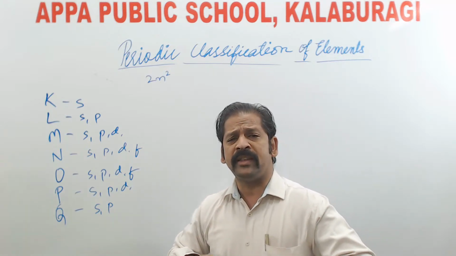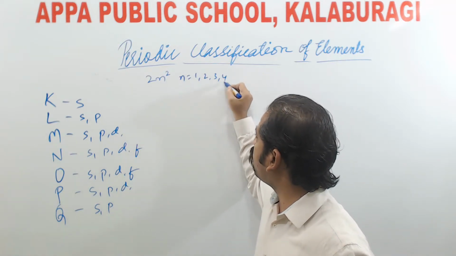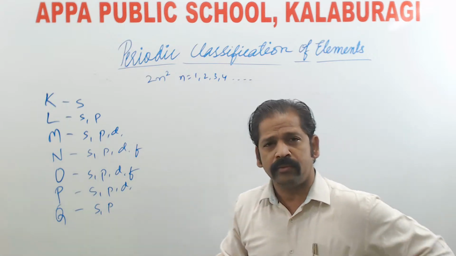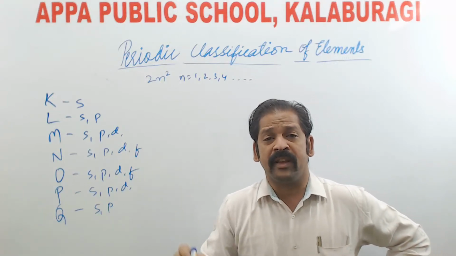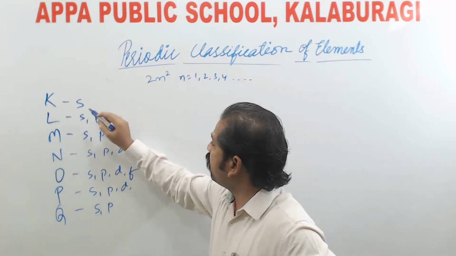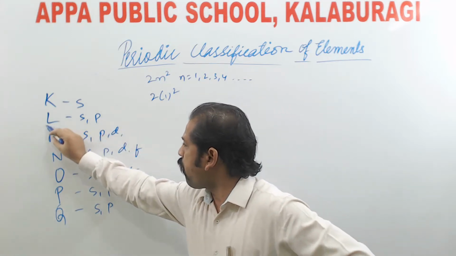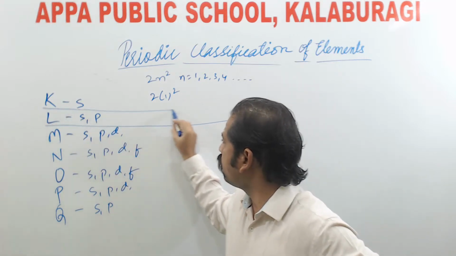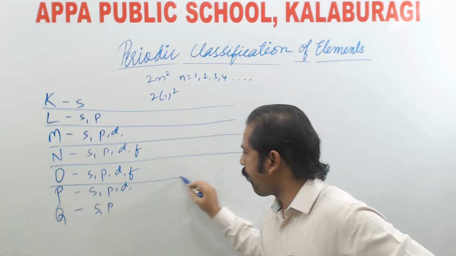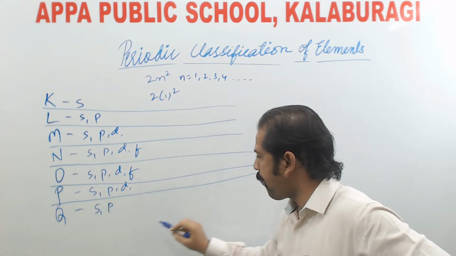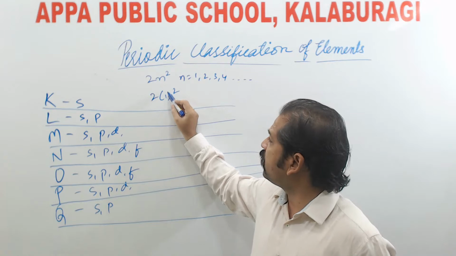The 2n square formula is there, where the value of n is 1, 2, 3, 4, and so on. It is given in class 9th, Bohr's atomic theory. For K, the value of n is 1.